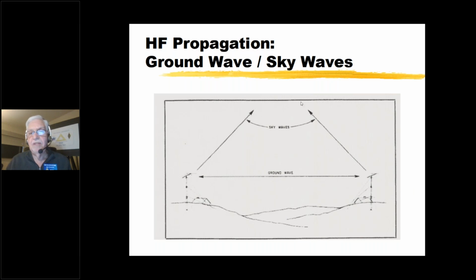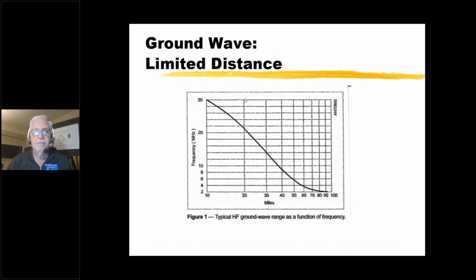Sky waves go up toward the sky and toward the ionosphere, which becomes important to us in just a minute. Ground wave tends to be limited in distance. If you look at this chart, you can see here that as you go up in frequency, you get more ground wave coverage, and this is why the lower bands tend to be not so great for ground wave.